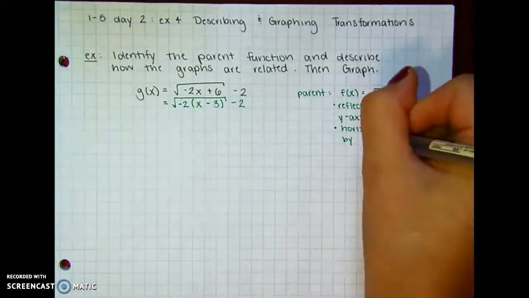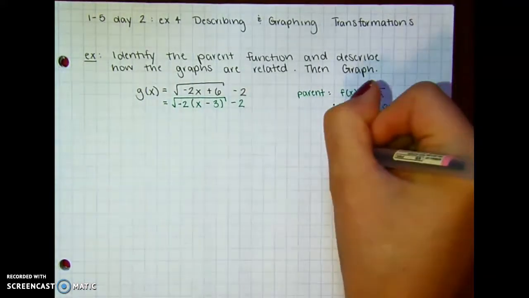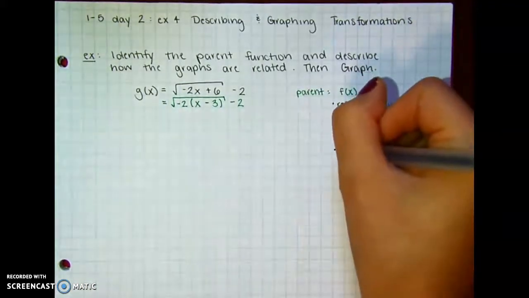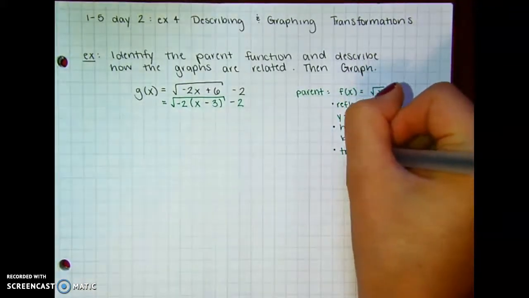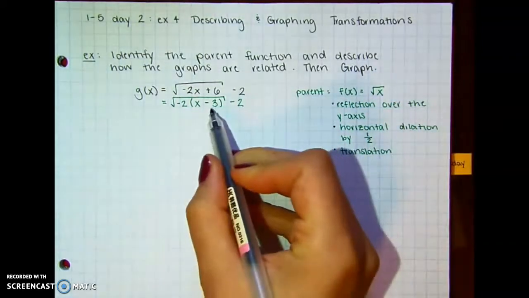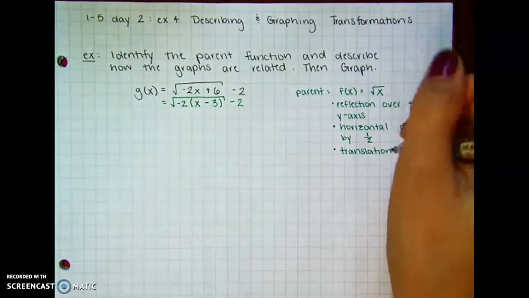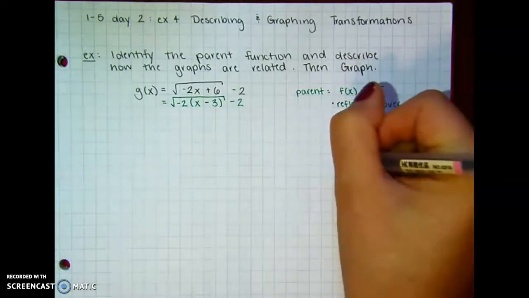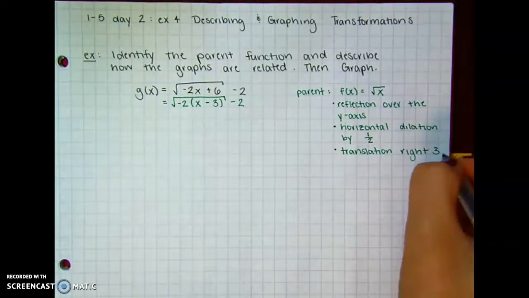So it's a horizontal dilation by 1/2, and then we've got a translation, and remember it's the opposite, so if it's minus 3, that means we're going right 3. And we have a translation down 2.